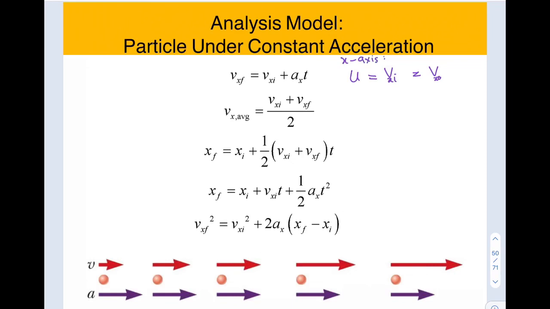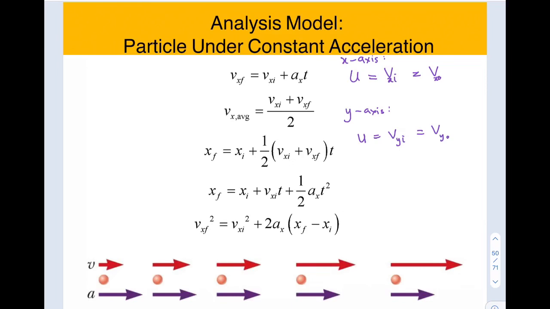If it is along the Y axis, then the U is equivalent to Vy initial or Vy naught. Okay, this is for initial velocity.